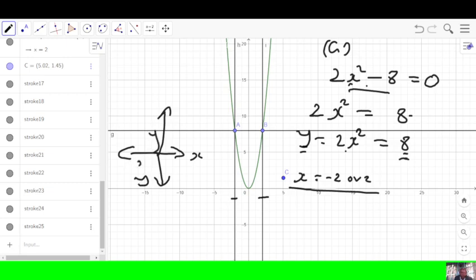So we were looking for the value of y where y is 8, and that was at this particular point. If you drop it down, you get the value of x, and the value of x is -2 or 2, and that's the solution to this equation. I hope you get it.